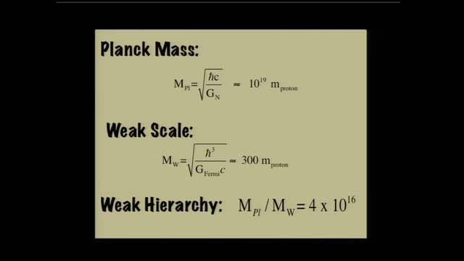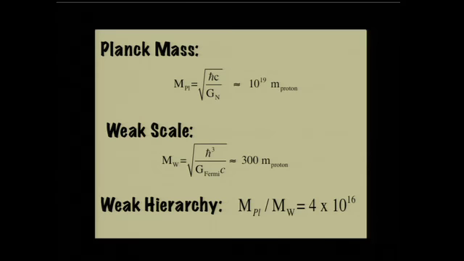It's called Planck's constant. There's c, which is the speed of light, and there's g, which is Newton's gravitational constant that tells us how strong the force of gravity is. And if we just put those together, we can form a mass. And that mass is the mass at which we expect that quantum mechanics will become important for gravity.